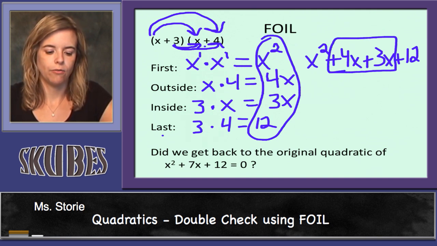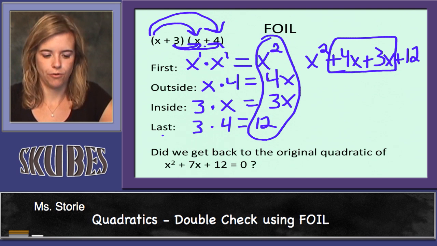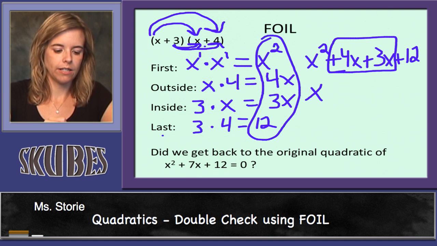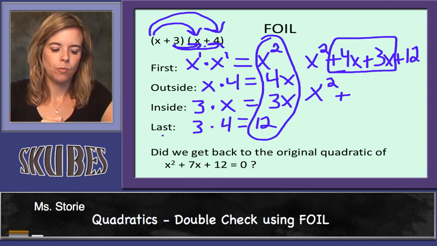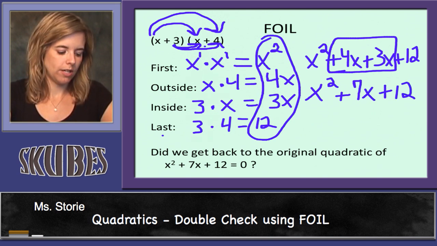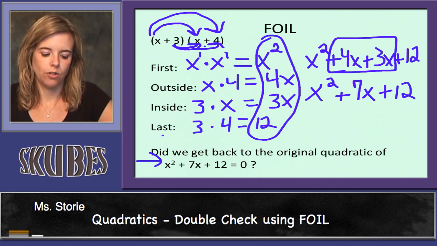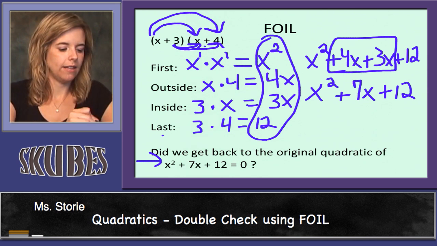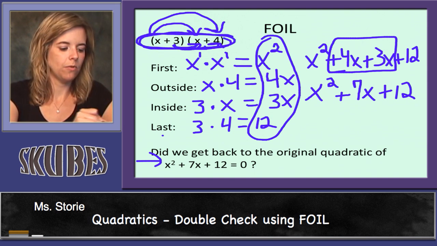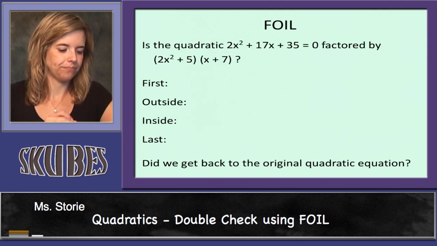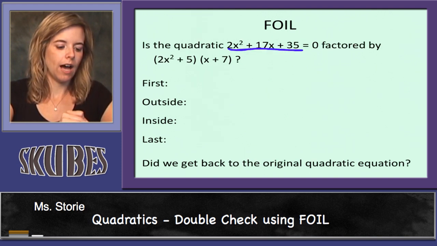They're like terms. I've got a 4x to the first power and a 3x to the first power. If they're like terms, I can add them together. So I end up with x squared plus 7x, remember when it says to add exponents, you don't do anything to them, you just recopy it, and 12. Now the question is, did we get back to the original quadratic? It looks to be it. That means that this right here that we came up with, the x plus 3 times x plus 4, that's actually the factor.